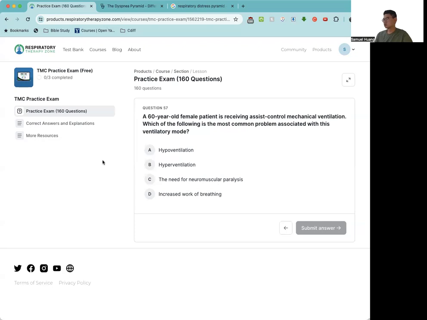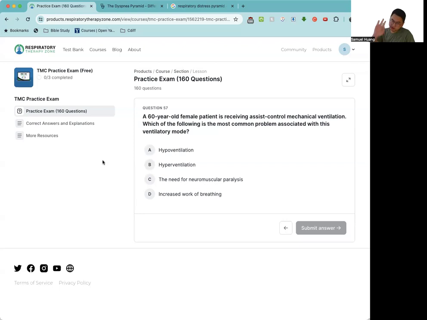Assist control mechanical ventilation. Which of the following is the most common problem? In assist control, unlike CMV, you're getting your breaths in, boom, boom, boom, but you're also getting spontaneous breaths too, at a set tidal volume.